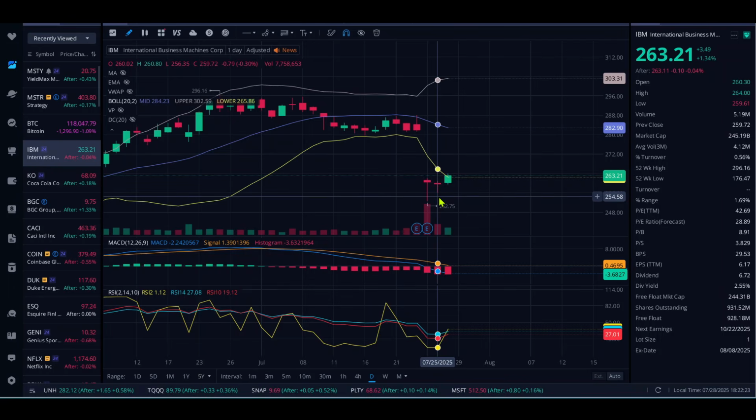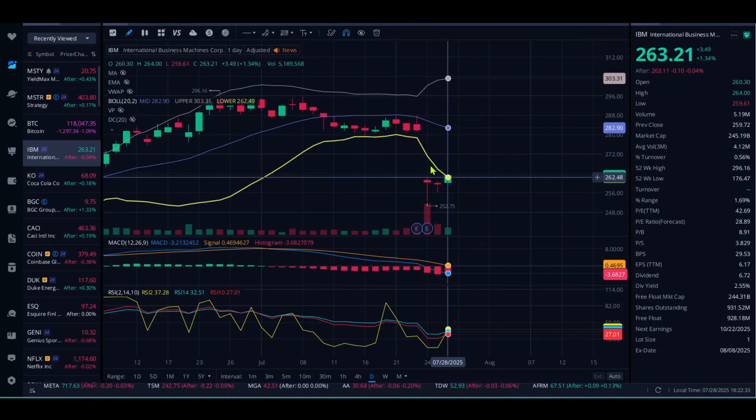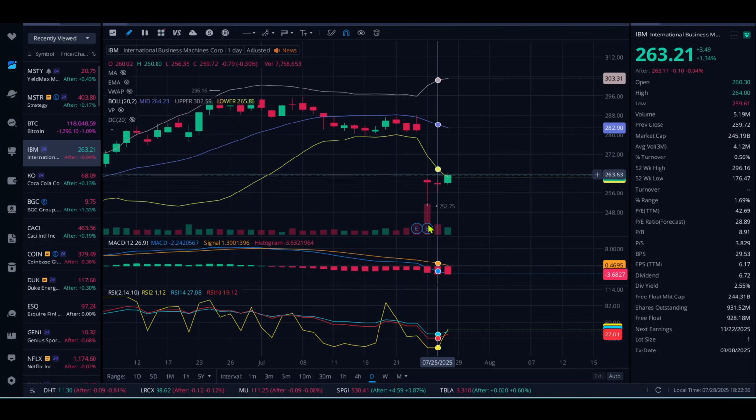And I purchased those shares at $257.50. Okay? And as you can see, it is below actually the bottom of the Bollinger Band. And that RSI 2 is at 1.12, right? So I bought a couple shares right here at this level.